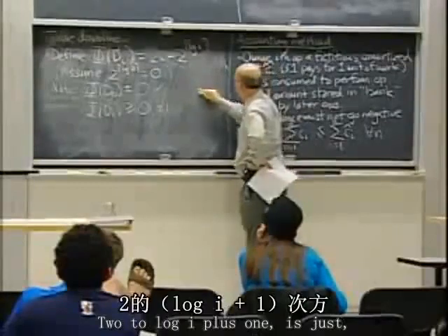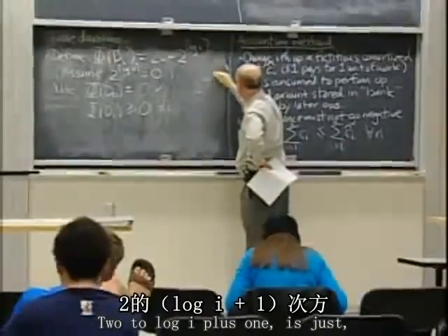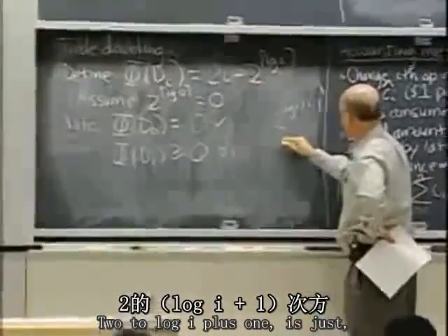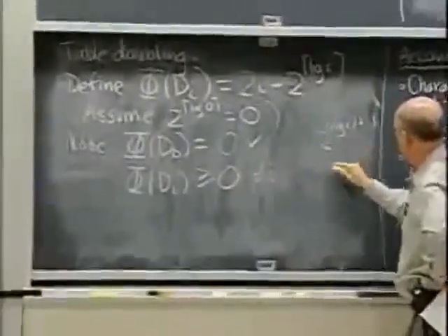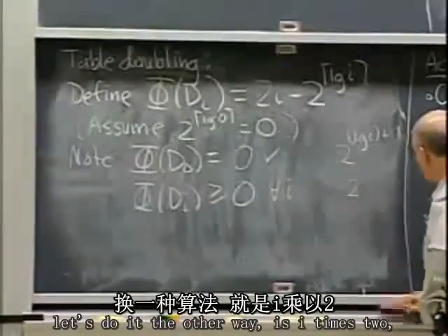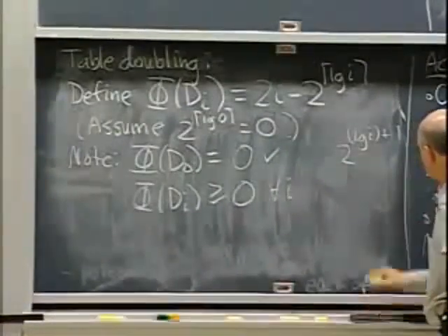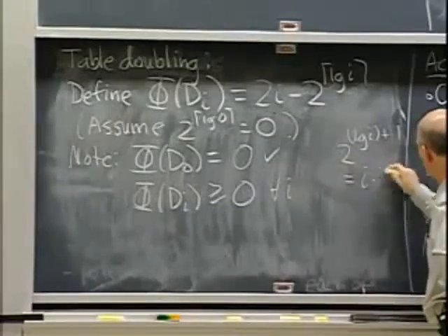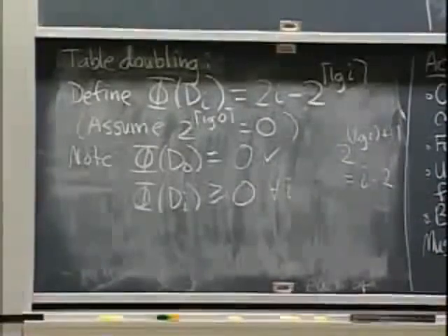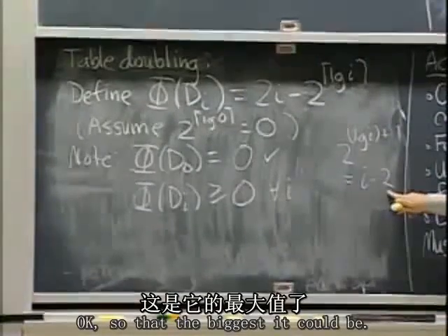So 2 to the log of i plus 1 is just, let's do it the other way, i times 2. Okay, i for that part, 2 for that part. Okay, so that's the biggest it could be.